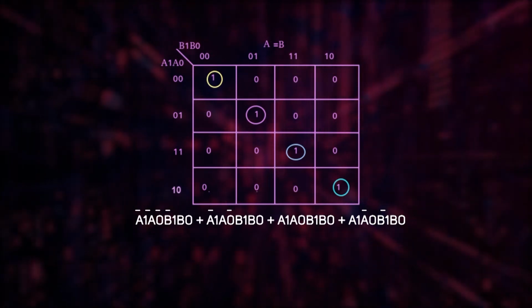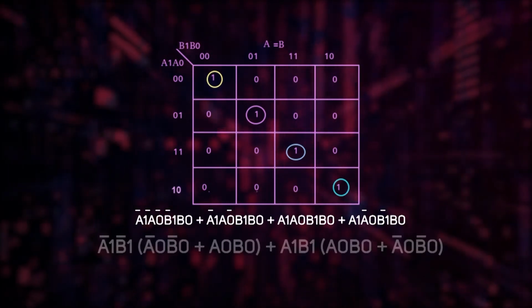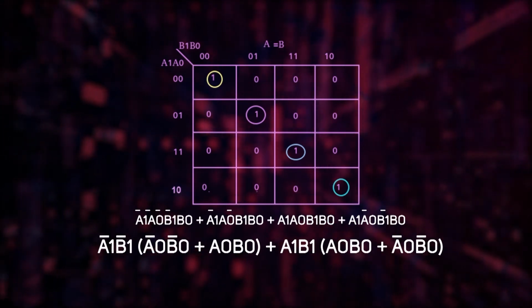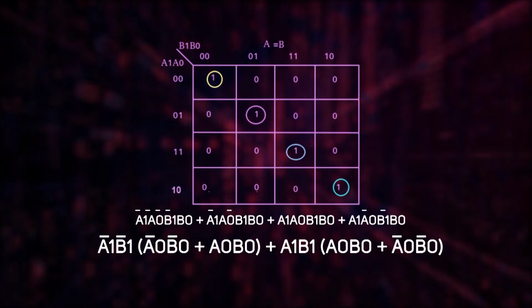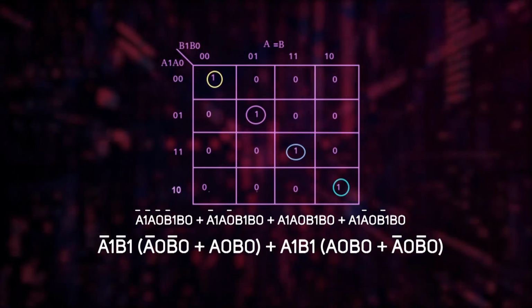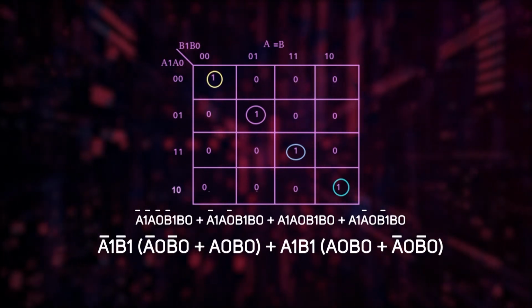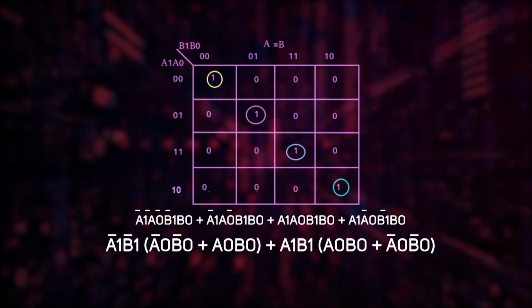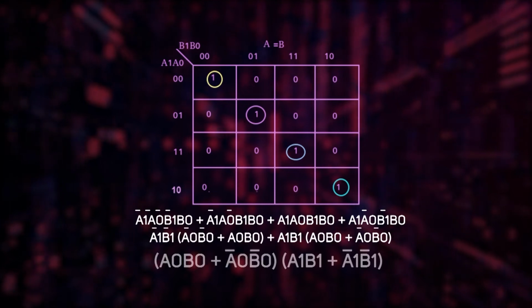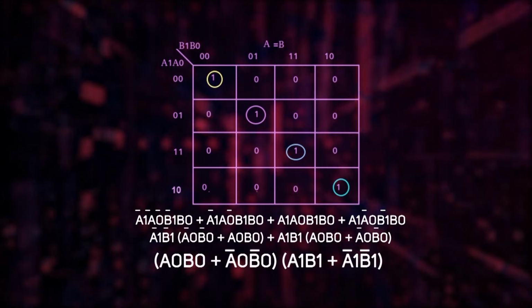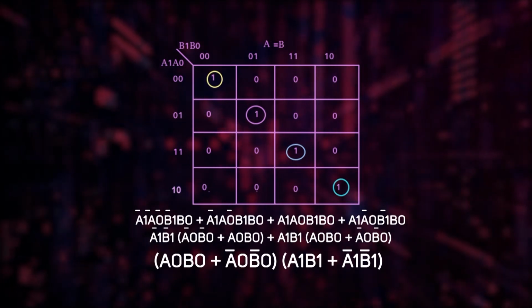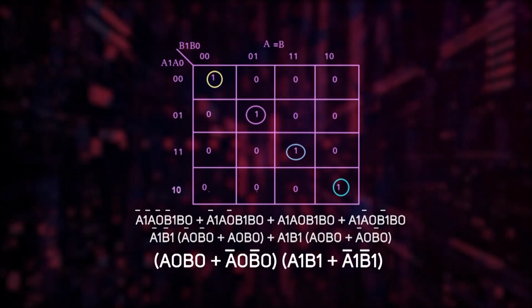Then we rewrite the expression as A1 complement B1 complement dot A0 complement B0 complement plus A0 B0, plus A1 B1 dot A0 B0 plus A0 complement B0 complement, which is equal to A0 B0 plus A0 complement B0 complement dot A1 B1 plus A1 complement B1 complement.